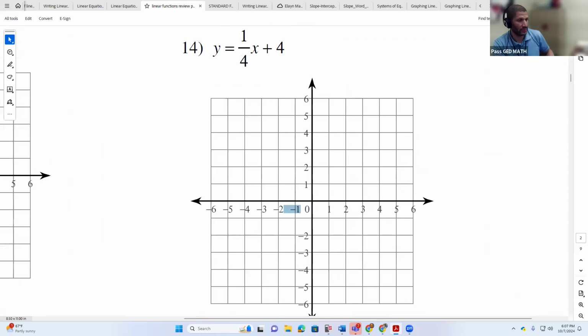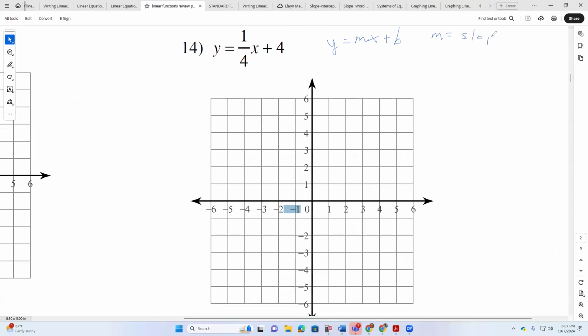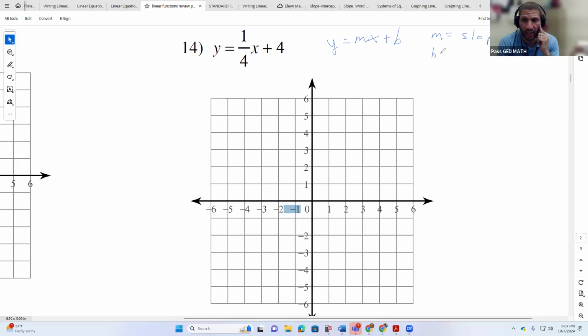Okay, so number 14. Number 14 says y equals 1/4 x plus 4. So we know it's in the form of y equals mx plus b, where m is your slope and b is your y-intercept. And the y-intercept is just where the line crosses the y-axis.